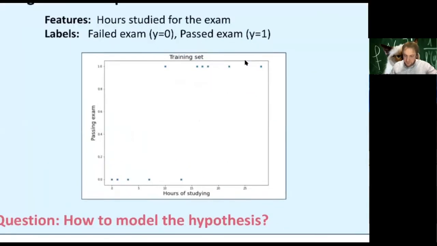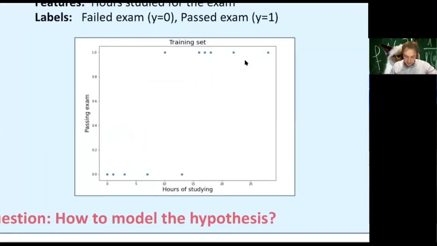And so here you can see some training set. Again, one asks some people how long they studied, and then some of them tell you either they failed or they passed. What we want to find now is a hypothesis such that if I enter a new number for hours of studying, it tells me whether you will pass or not.